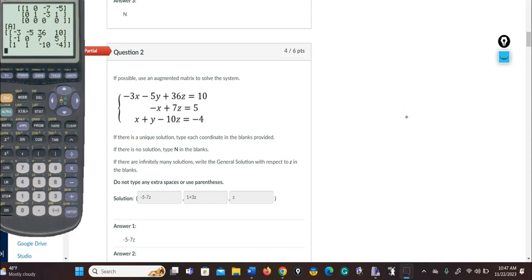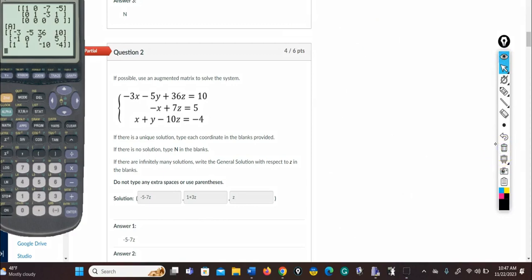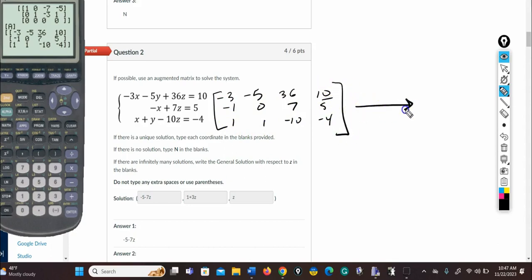So I had a typo here, it looks like, on question 2, that one there. So if I do that again, when I get that into RREF, we get that.